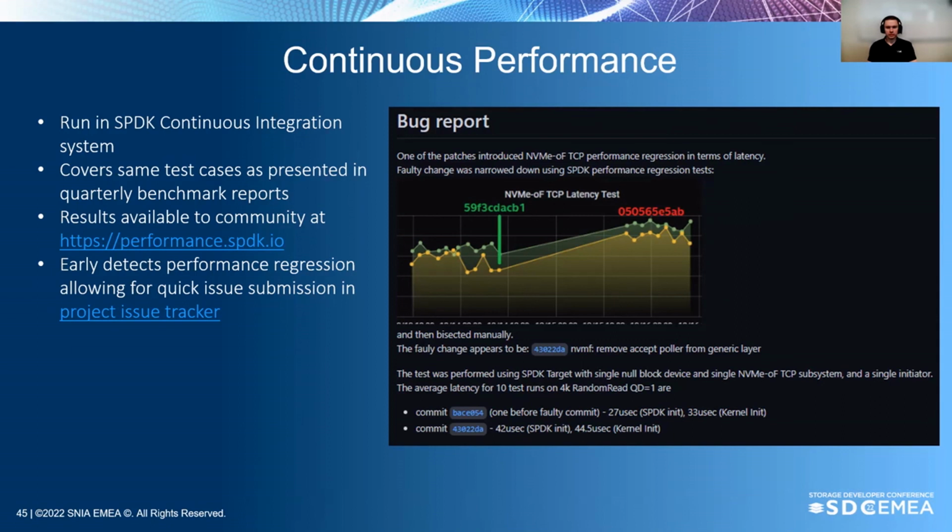Just as you can see in the screenshot on the right-hand side of the slide, with a bug report. Thanks to this early regression detection, nothing can stop us in our way to achieve even more IOPS. You can find the live version of the dashboards along with the results at performance.spdk.io.